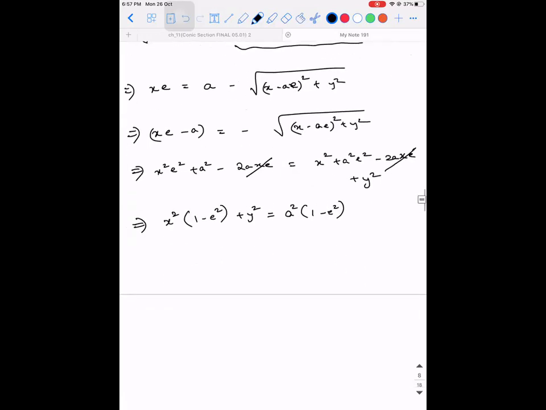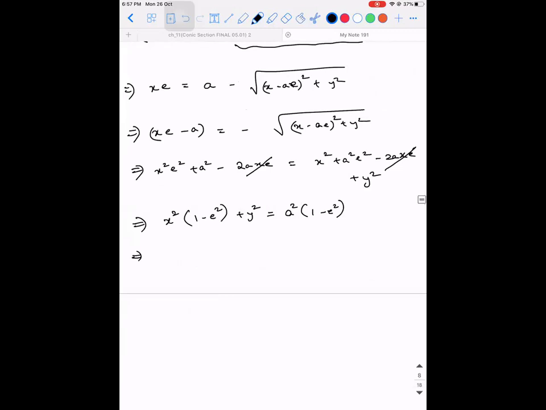Okay. Now divide by a square into (1 minus e square) on both sides. So x square into (1 minus e square) divided by a square into (1 minus e square) plus y square divided by a square into (1 minus e square) is equal to 1. Did you guys understand what I did? So what will get cancelled now? So 1 minus e square is gone.